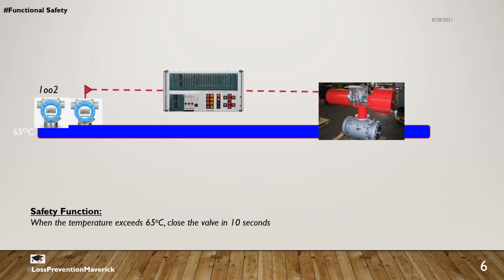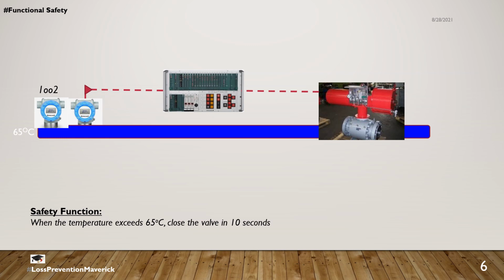So here the safety function is the same, that when the temperature exceeds 65 degrees Celsius, close the valve in 10 seconds. However, here, considering the availability of the hardware of the transmitter, there were two given into a voting principle of 1 out of 2. So when one of them sees the process variable, it needs to speak to the logic solver.